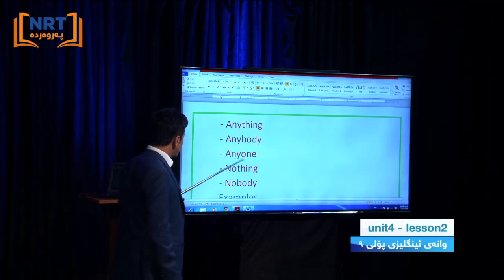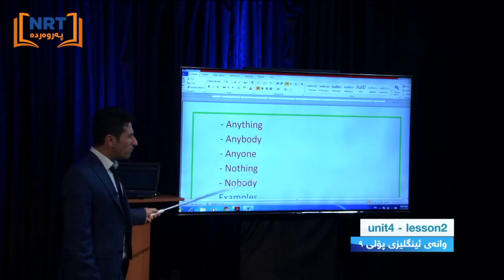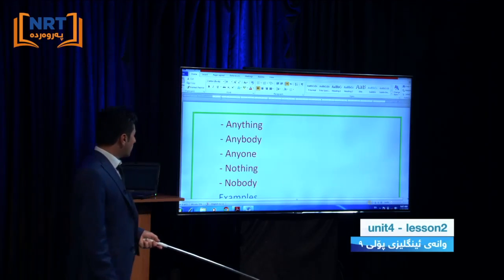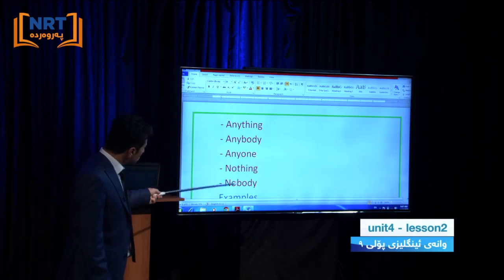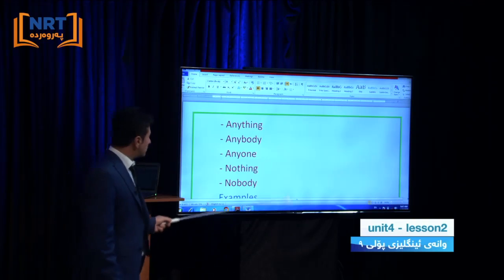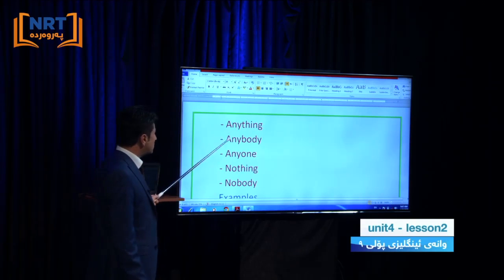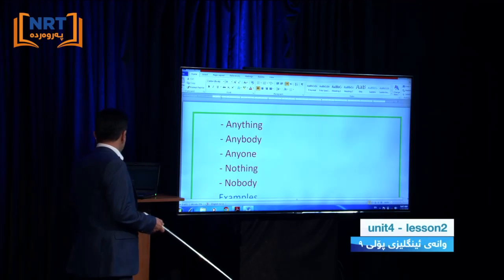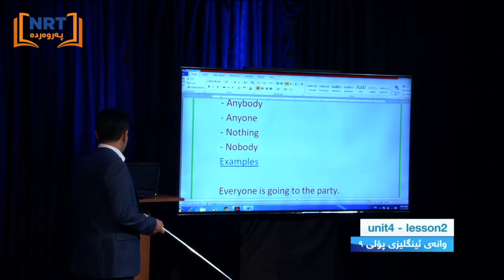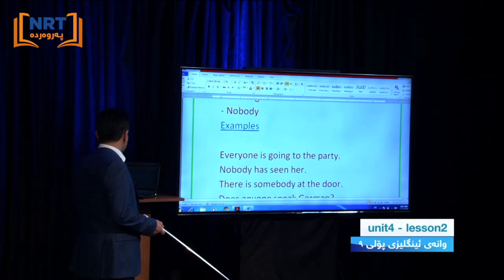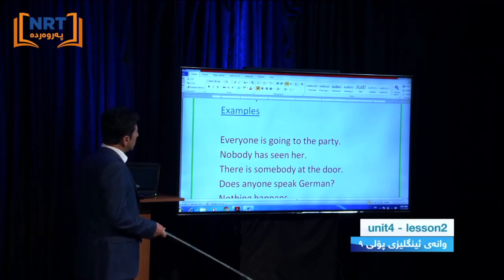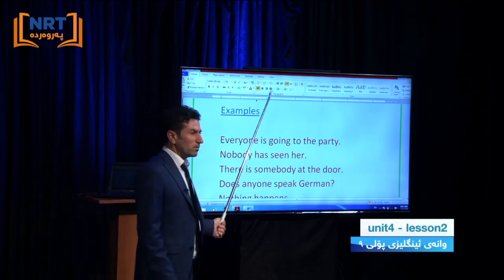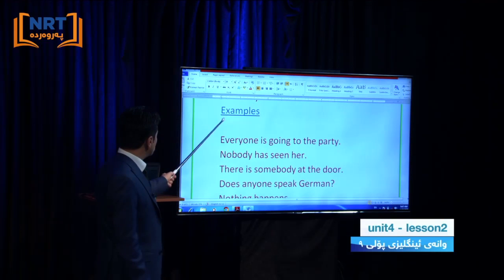These five pronouns we are using in negative sentences and in questions. Here we have some examples about these pronouns.